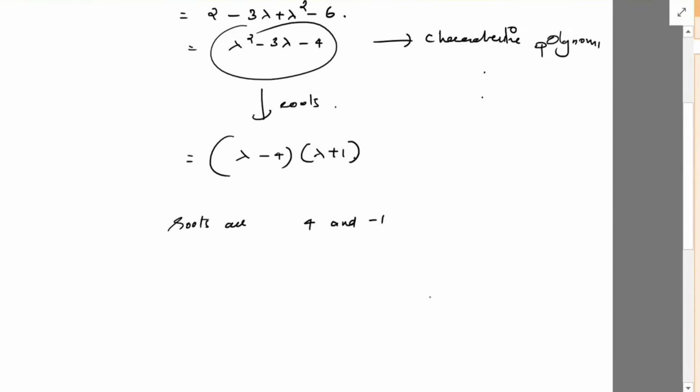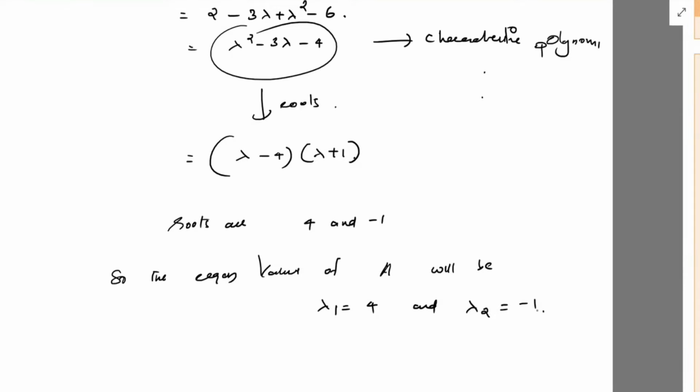So the roots are 4 and minus 1. So the eigenvalues of the given matrix A will be lambda 1 equal to 4 and lambda 2 equal to minus 1. These are the eigenvalues of the matrix.